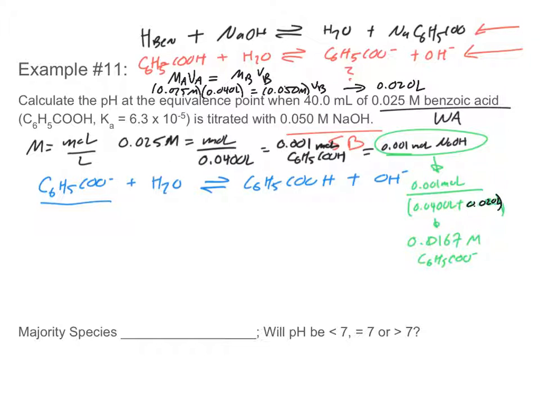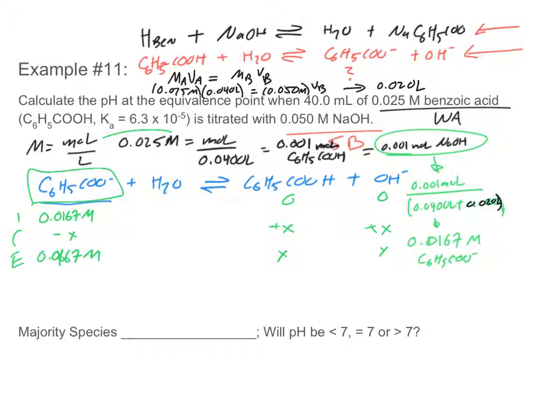So now that I know the concentration of my benzoate ion, I can set up my ice table. And now that I've set up my ice table, I need to realize that because this is my conjugate base, even though I was given my Ka, I have to determine the Kb before I can go much further.